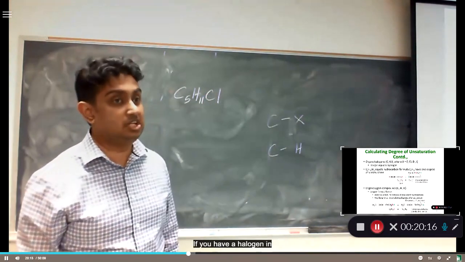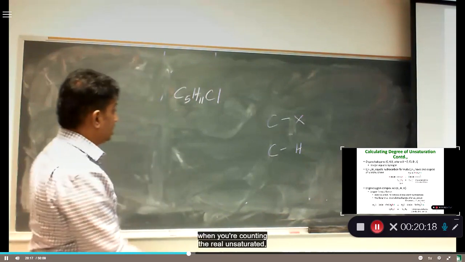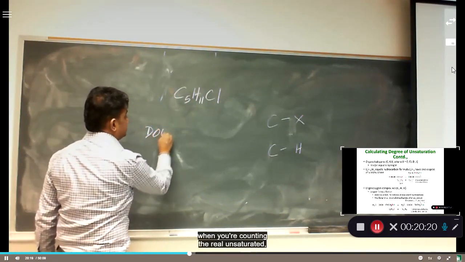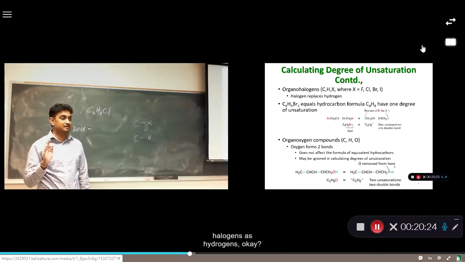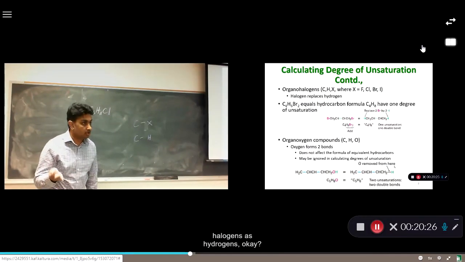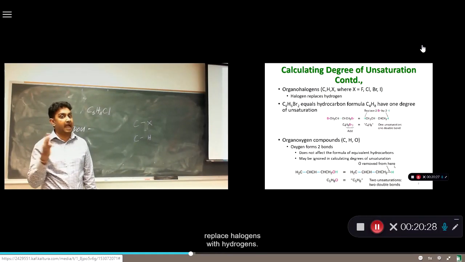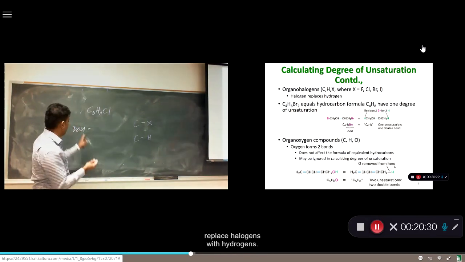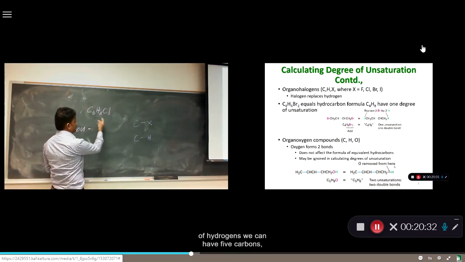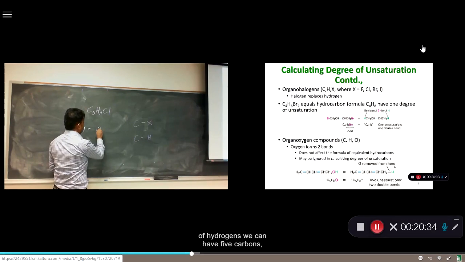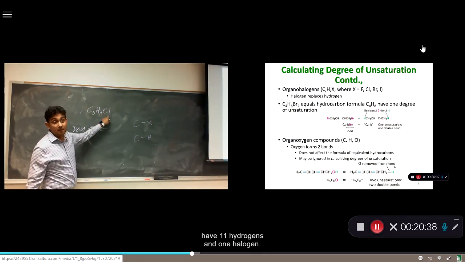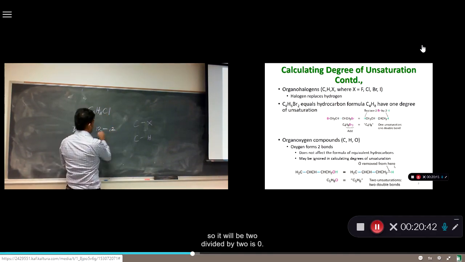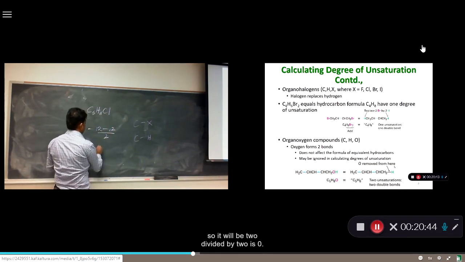When you are counting the degree of unsaturation, you consider halogens as hydrogens. You basically replace halogens with hydrogens. So the maximum number of hydrogens you can have for 5 carbons is 12, and actually you have 11 hydrogens and 1 halogen, but we consider the halogen as a hydrogen, so it will be 12 divided by 2, so it will be a 0.